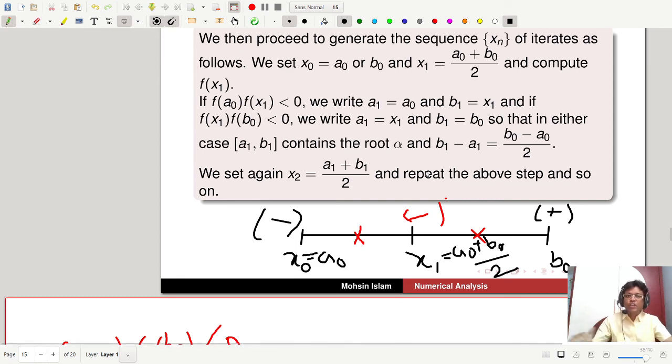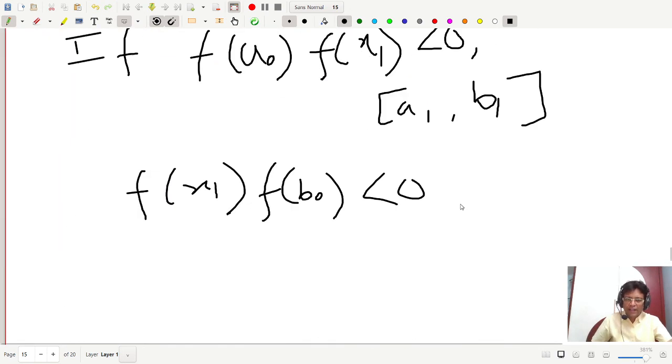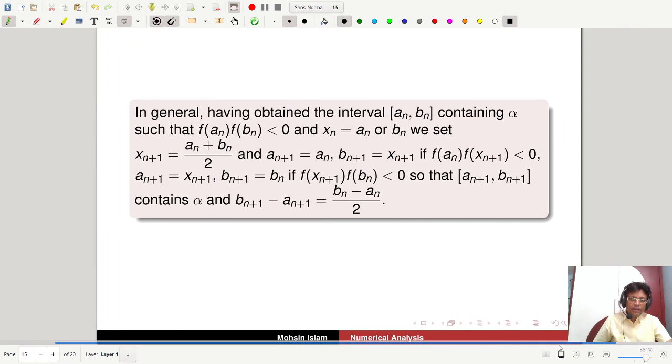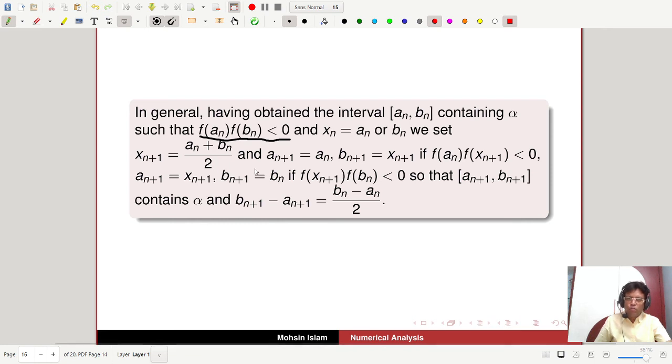So this is an iteration process. A sequence of iterations you will get. And finally, in general, having obtained the interval [an, bn] containing alpha, and if f(an) f(bn) is less than 0 and xn is equal to an or bn, we set xn plus 1 equal to (an plus bn) by 2, and an plus 1 equal to an, bn plus 1 equal to xn plus 1 if f(xn plus 1) is less than 0. Otherwise an plus 1 equals xn plus 1, and bn plus 1 equals bn.